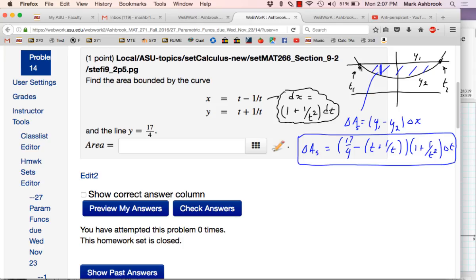So whatever t1 is, starting there, to t2. So our area is going to be the integral from t1 to t2 of the higher value of y minus the lower value of y, times dx, which is the derivative of x, dt.